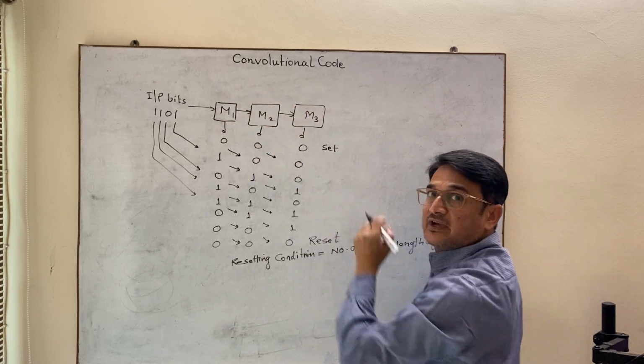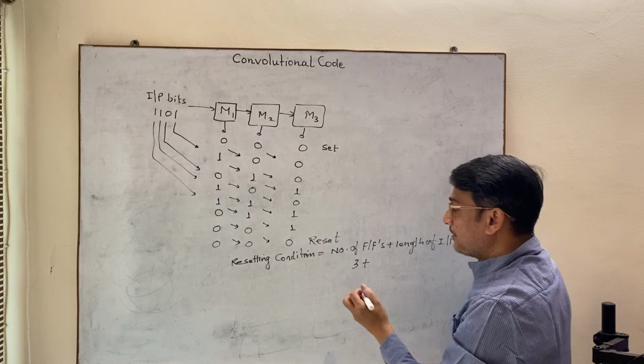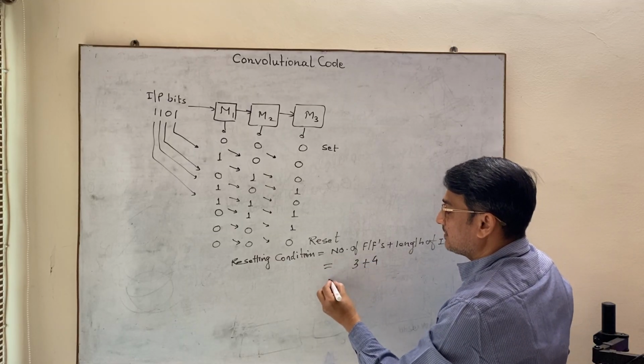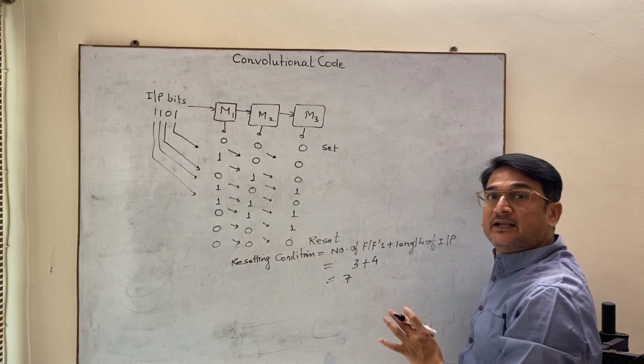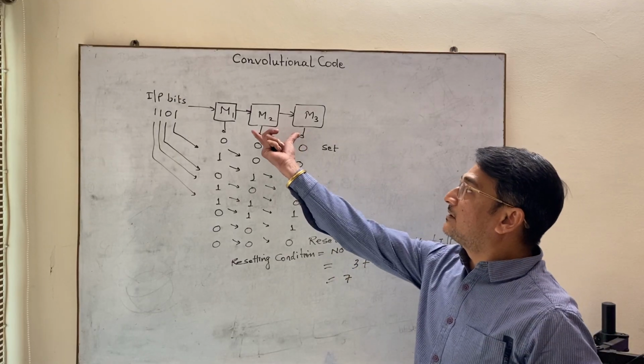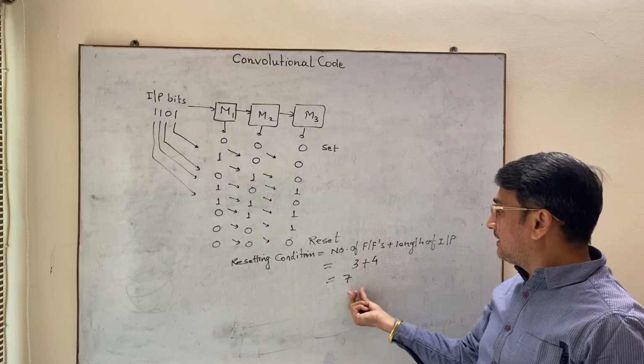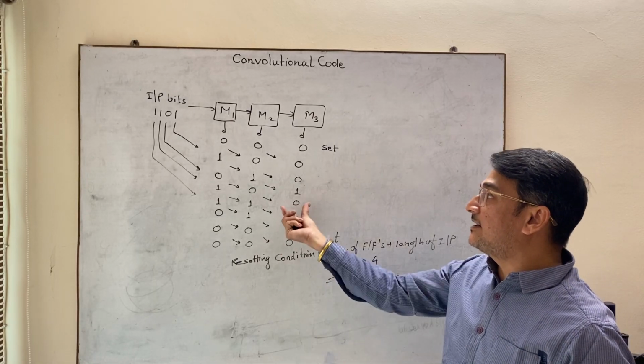How many flip-flops have we used? 3. And what is the length of our input data? 4 bits. So total 7. So this is the resetting condition. It is always there. That means the number of flip-flops and the number of input bits you have to add, and then that number is the resetting condition.